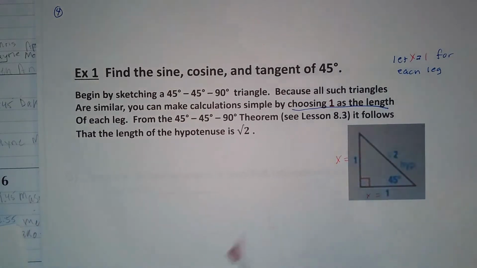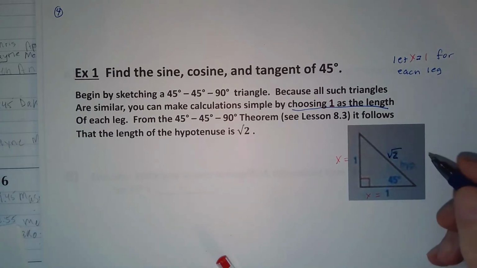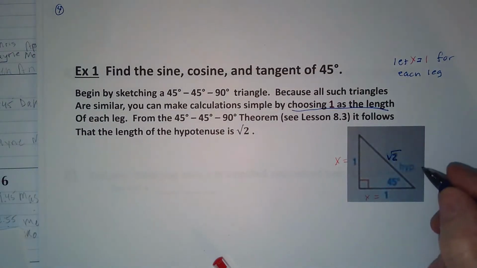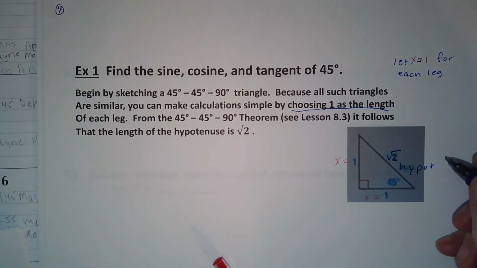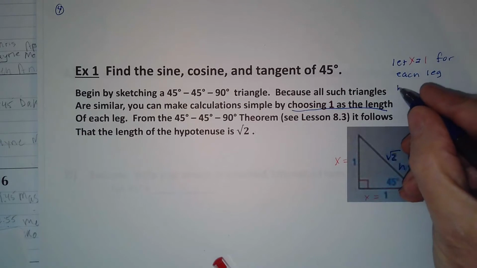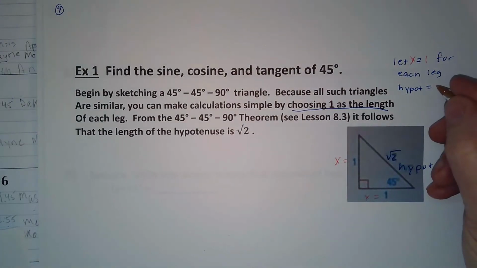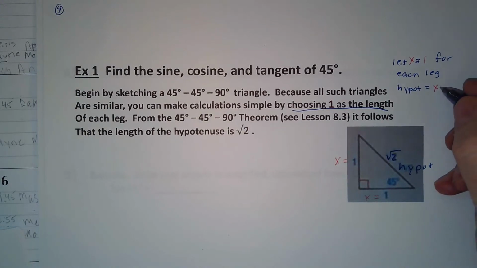The hypotenuse is the square root of 2, but the only thing you've got to understand is that it really is hypotenuse equals x times the square root of 2.